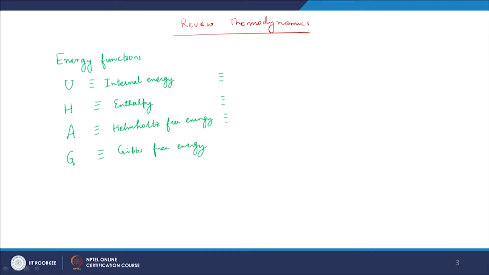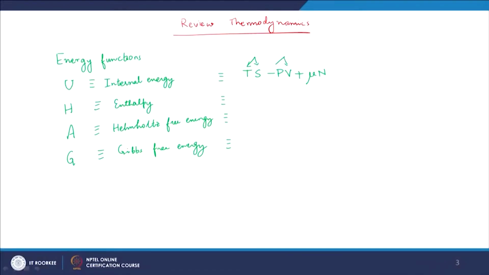So, to do that, one easy way to remember this is to think of U as composed of three terms: Ts minus Pv plus mu n, where T is the temperature, S is the entropy, P is the pressure, V is the volume, mu is the chemical potential, and n is the number of particles. And these T and S, P and V, and mu and n are referred to as conjugate variables.